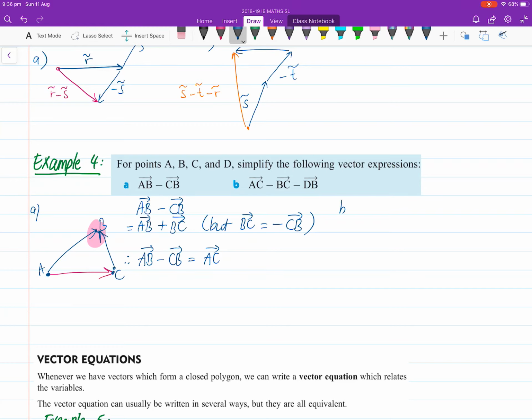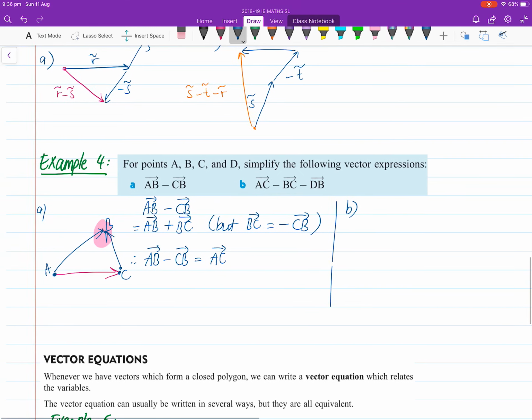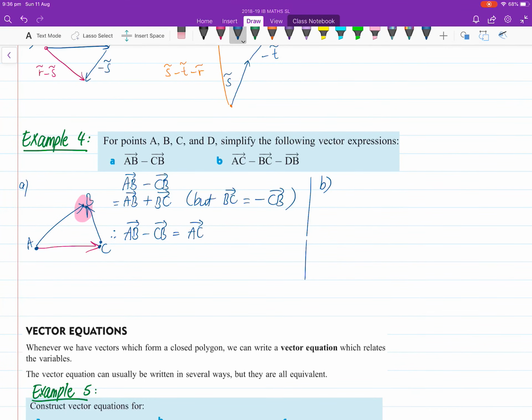And then in question B, last example, I think we'll stop there. I'll do the next one in the next video. Let's see, we've got A to C, so let's say this is AC here, minus BC. So let's just say B is there, because BC would be going the other way, so going from C to B is like negative BC.